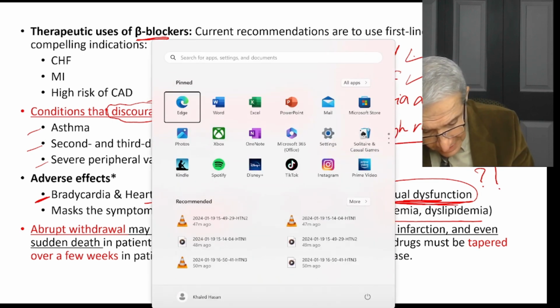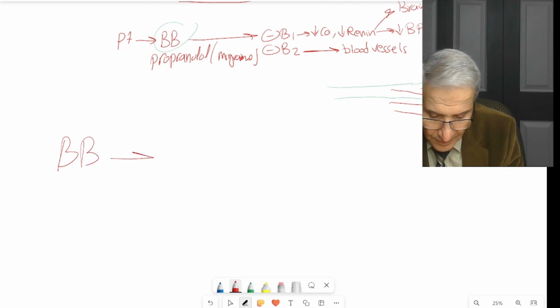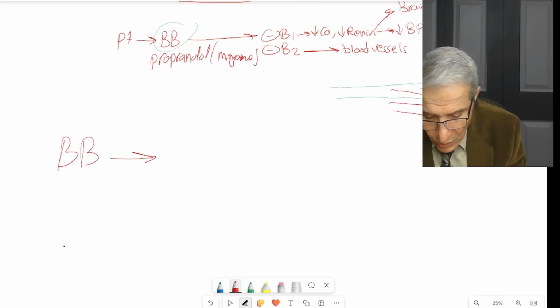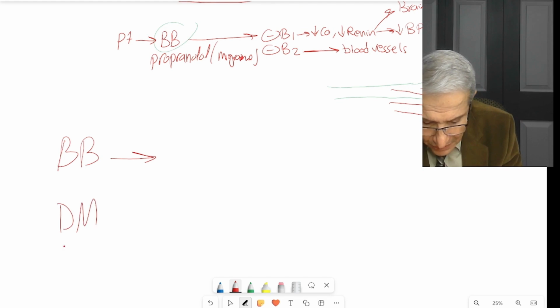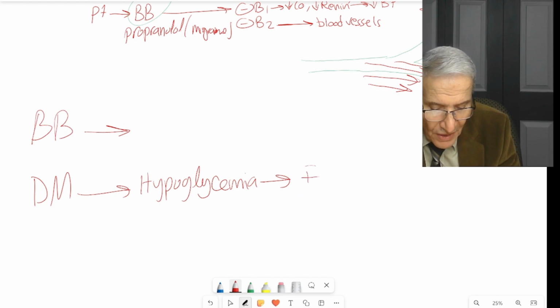Okay, going back again to explain why. So beta blocker, then we have diabetes mellitus. If the patient with diabetes mellitus during the course of disease or treatment suffers from hypoglycemia, this will activate the sympathetic system.